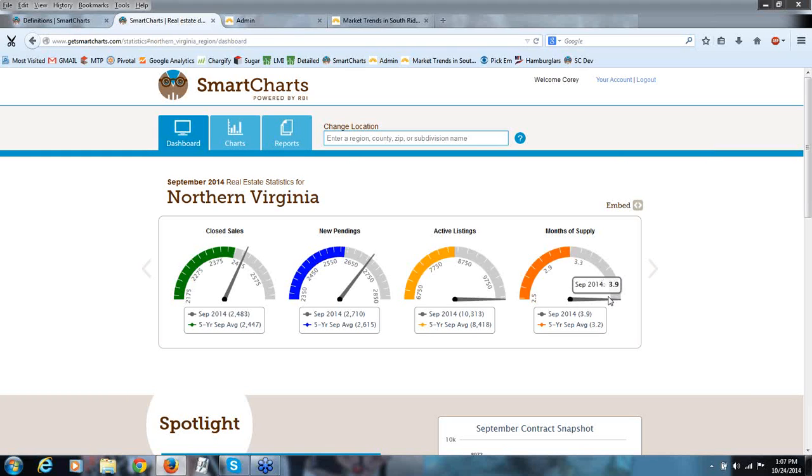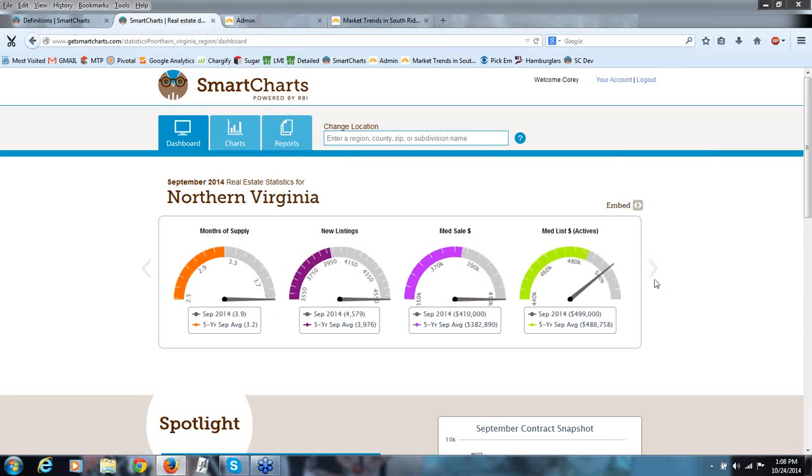But look for those that have the lowest months of supply, and if you can grab a listing there, you're in good shape. That months of supply drives prices. It drives down DOM, et cetera. So definitely, if I didn't do a good enough job explaining what months of supply is, hit that definitions page to learn more about that.